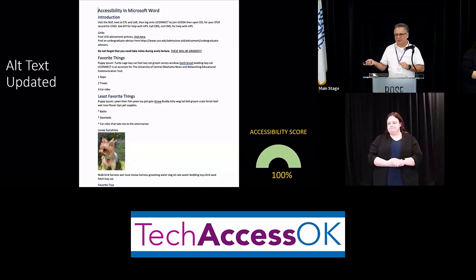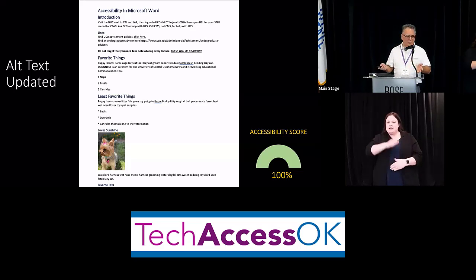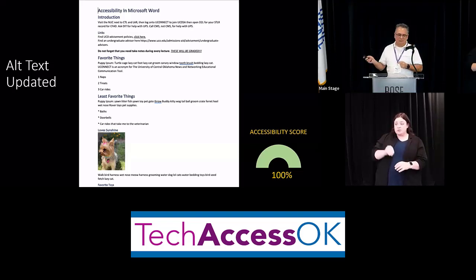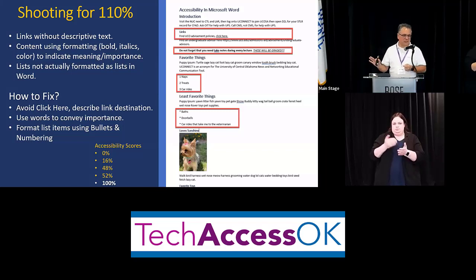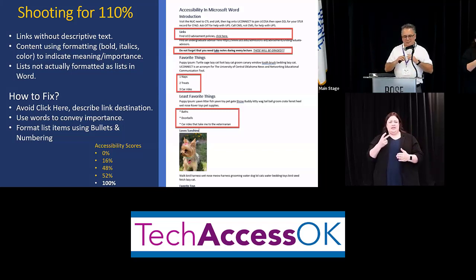As Jennison pointed out earlier, accessibility is never 100%, and I completely agree with that. Even though this technology, and I like it a lot, says it's at 100%, I see some more issues. Now, I've got a screenshot on the screen, and I'm circling around several things that need attention. There's links that use the phrase click here.